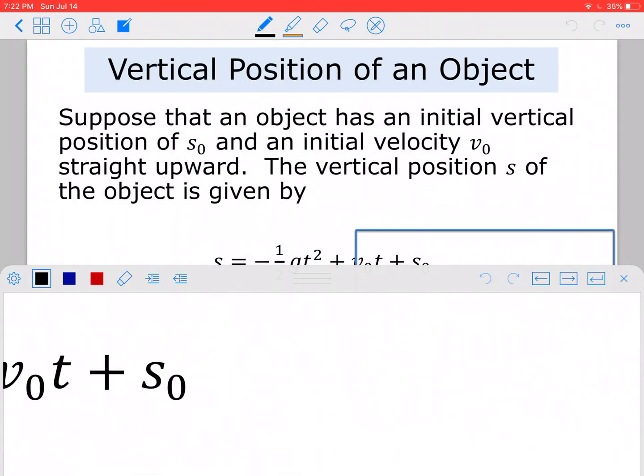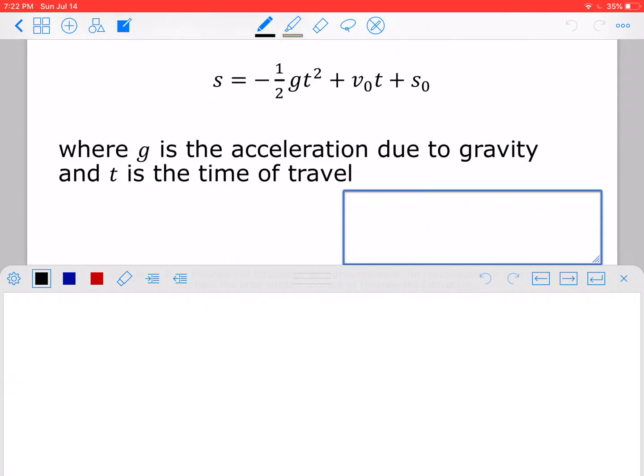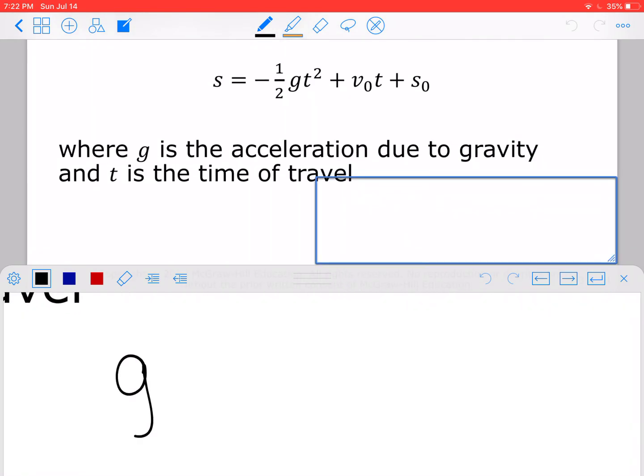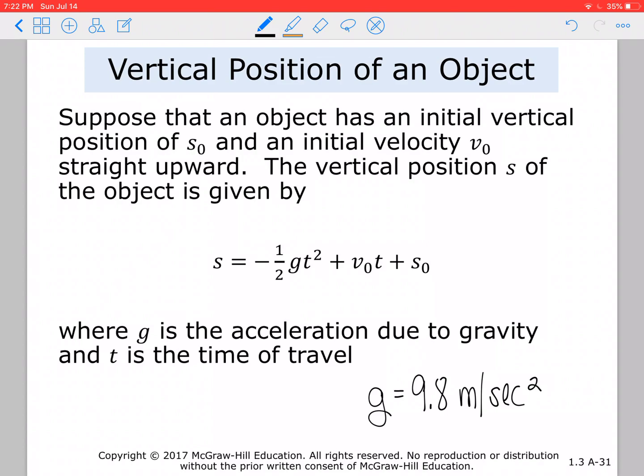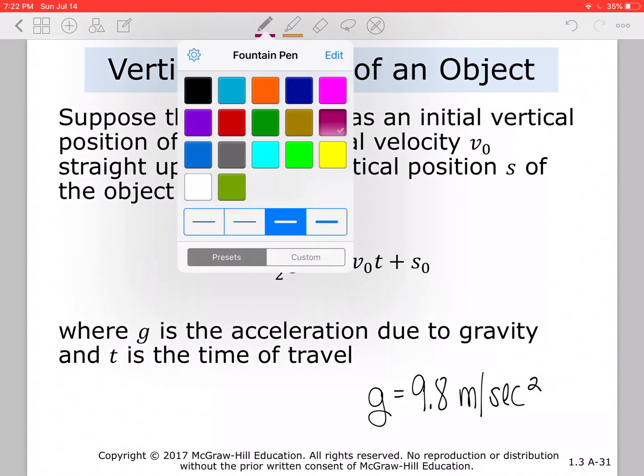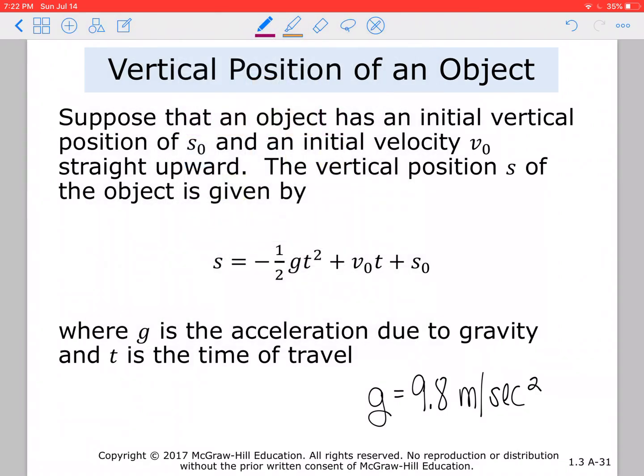And you're going to want to write this down. The acceleration due to gravity is 9.8 meters per second squared. So you need to know that. And that'll be a case in any of your problems. V naught is your initial velocity, and s naught is the initial position, or the height for the particular problem.